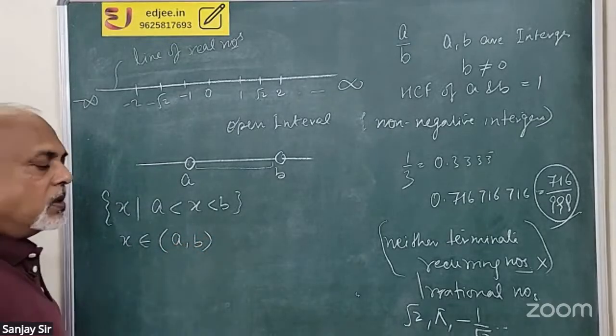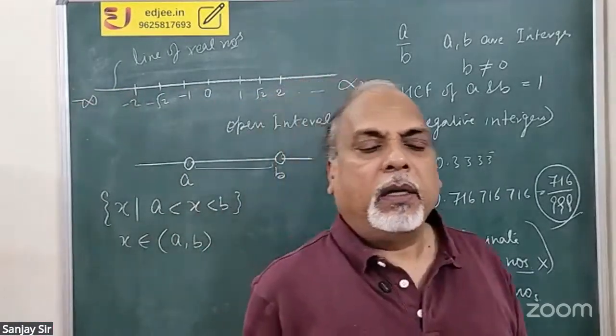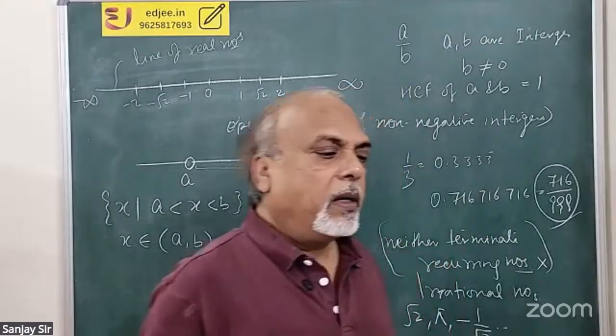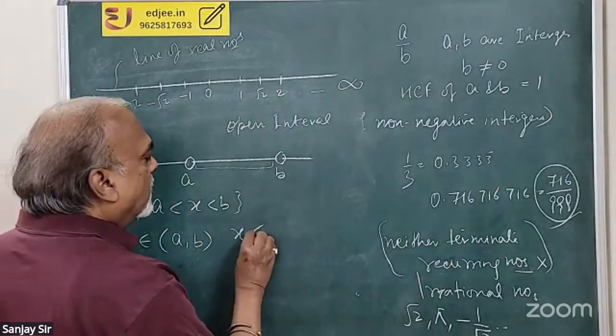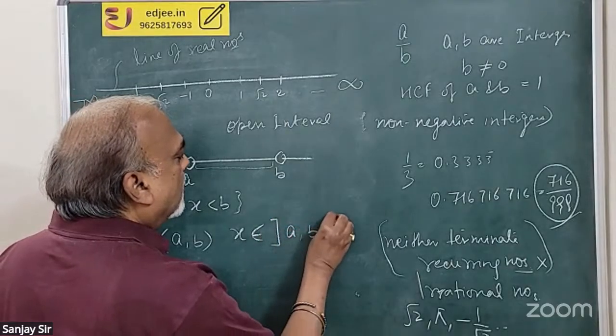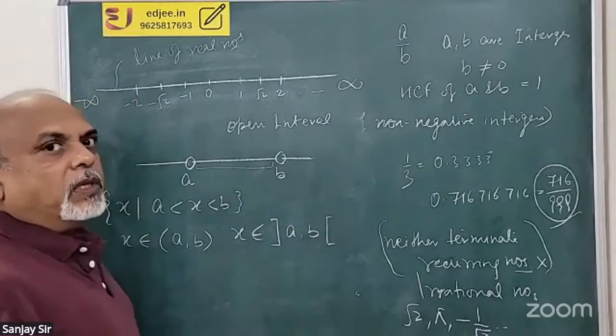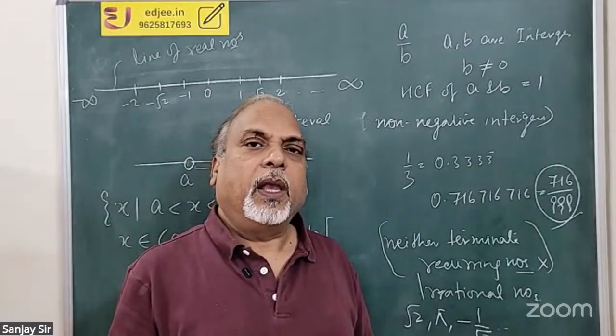This bracket shows that A and B are excluded, it is an open interval. Correct? In some books, you will find this type of notation also. Correct.